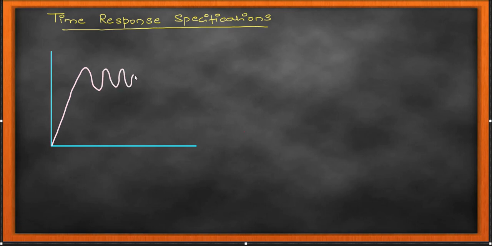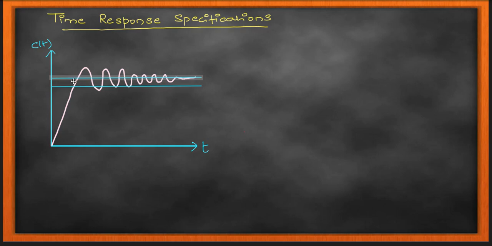So coming to the next topic, we are saying time response specification. I didn't draw that graph for you previously, so I'm just leaving it as homework for you guys. The time response specification is the next topic.